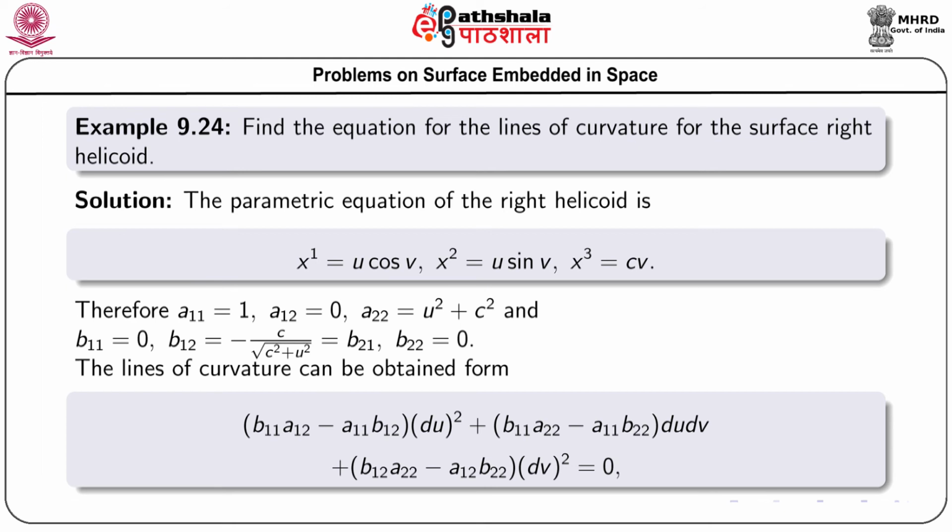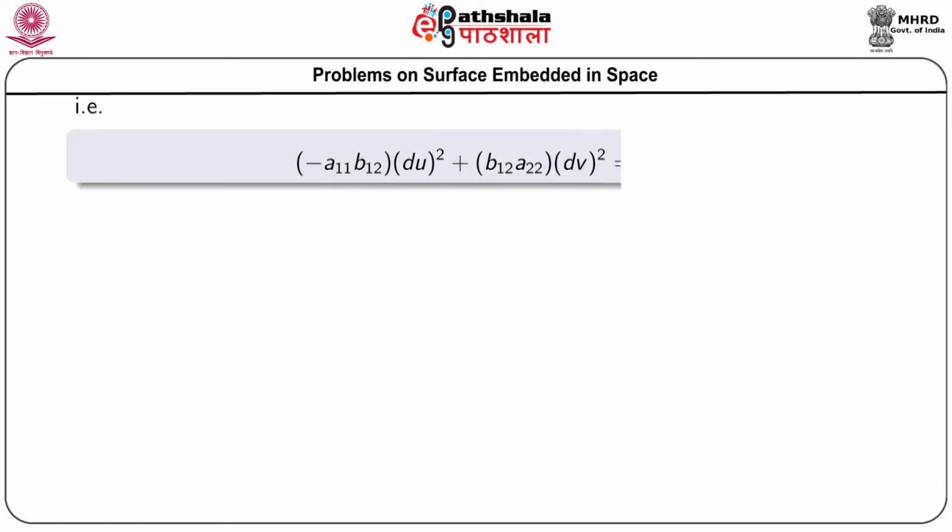If we put these values in this equation, (B11 A12 minus A11 B12) du square plus (B11 A22 minus A11 B22) du dv plus (B12 A22 minus A12 B22) dv square equal to 0. So, we know that this is the equation for the lines of curvature, and if we put all these values in this equation, we get this expression: minus A11 B12 du square plus B12 A22 dv square equal to 0.